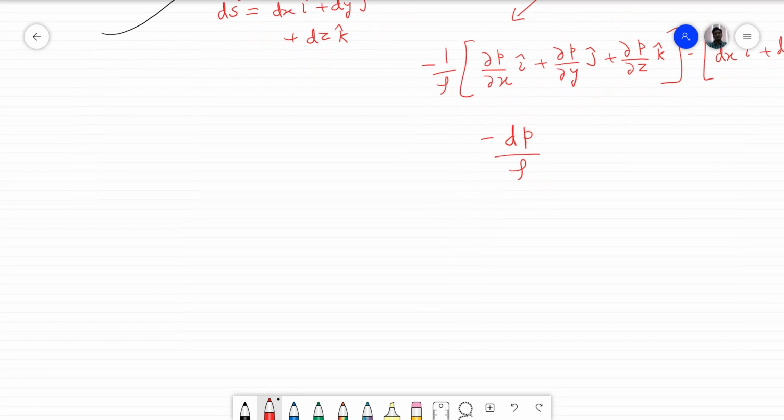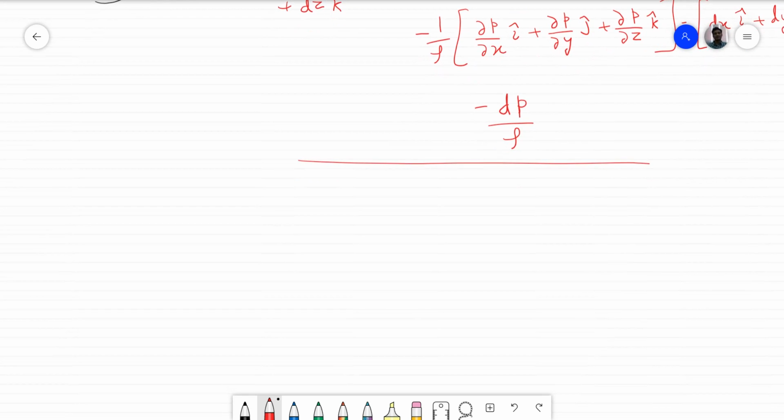Now let us find out the dot product with the second term on the right hand side, which is the gravitational acceleration term. So that is minus g k cap. Let me write it here so that it is clear. Dot ds is equal to that.